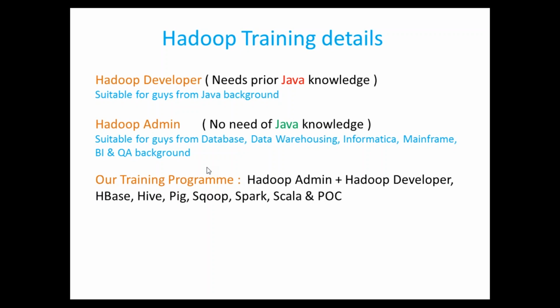You can say that 80% of training, 80% of 1 month training is common for admin or developer. Only few classes make small difference. I will be conducting 3-4 classes which are specifically for Hadoop Admin, and I will be conducting 2 classes which are specifically for Hadoop Developer.